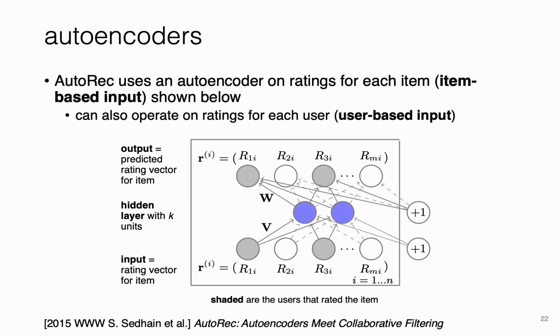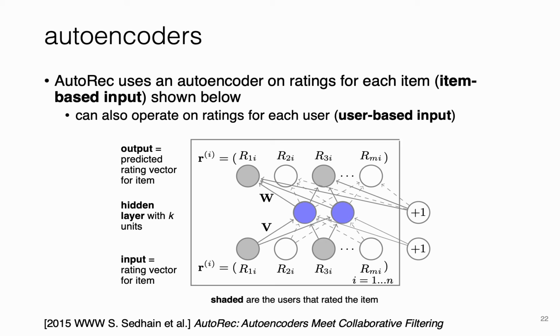Okay, so how does rating prediction work? Suppose we have finished the training, we now want to predict the rating of a target item to a target user. We input the known ratings for the target item, and at the output, we look at the non-shaded unit that corresponds to the target user, and that is the predicted rating.